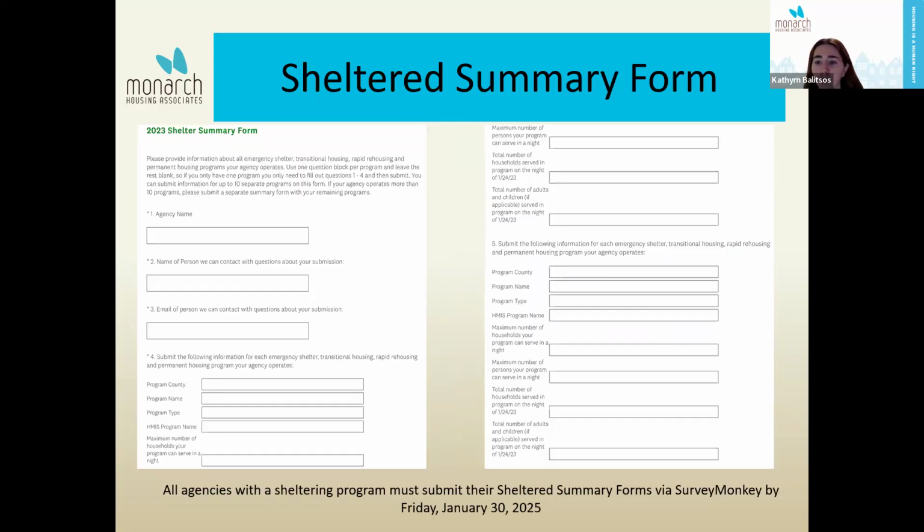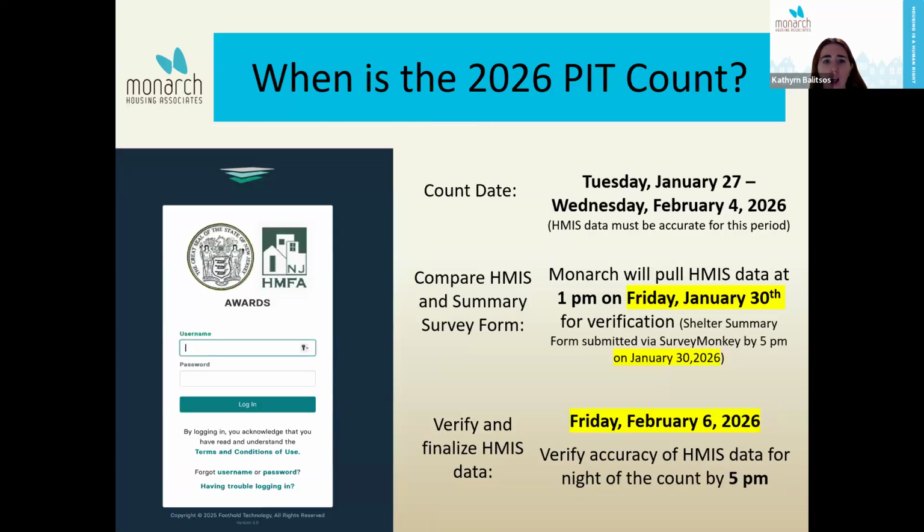You're going to want to differentiate the program name from the HMIS name for all programs. You complete one box per program and then one box per HMIS project. Again, it needs to be in by Friday, January 30th. This helps us account for errors. So if you are using HMIS, please make sure this is filled out.